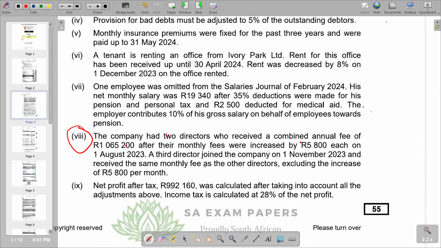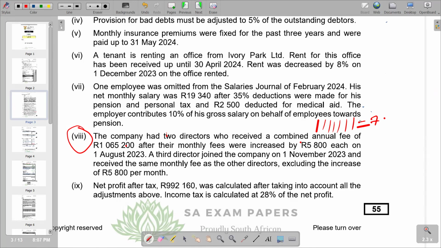So the number of months that we have for the 5,800 period, it was from 1 August 2023. So we are saying the whole of August, September, October, November, December, January, and February. So it was received for 7 months.